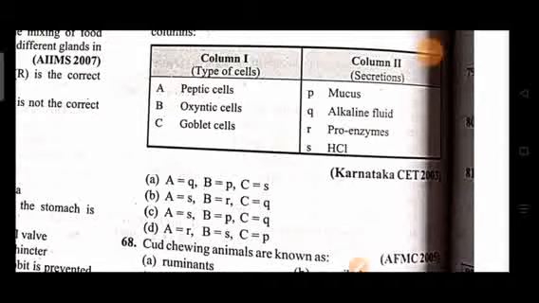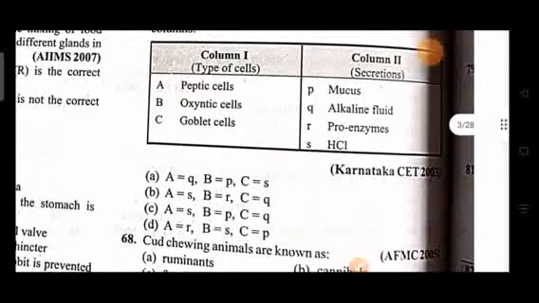Next, peptic cells. Peptic cells produce protein digesting enzymes, which we can call proenzymes. And goblet cells are going to produce mucus.